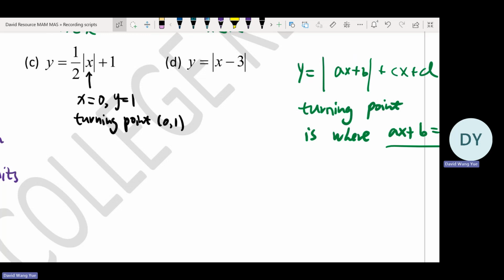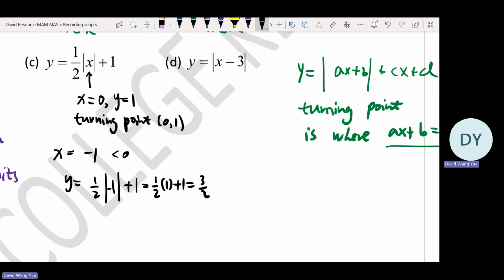One point can be on the left of the turning point. You choose a value that is less than 0, for example, -1. If x equals -1, y equals half times modulus of -1 plus 1, which is half times 1 plus 1. That is 3/2. So we get (-1, 3/2).